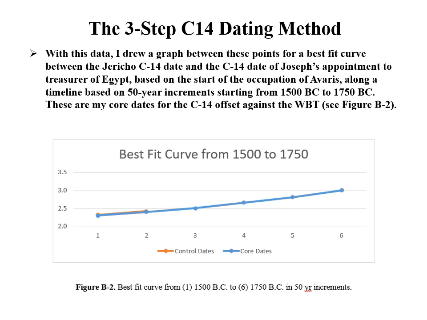Okay, so with this data, I drew a graph between these points for a best fit curve between the Jericho C14 date and the C14 date of Joseph's appointment to Treasurer of Egypt, based on the start of the occupation of Avaris, along a timeline based on 50-year increments starting from 1500 BC to 1750 BC.